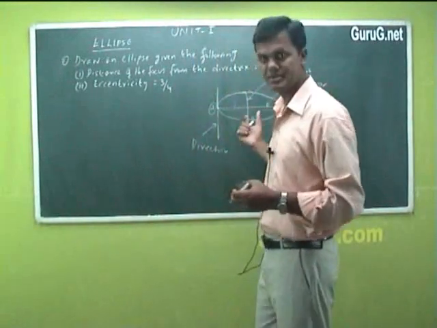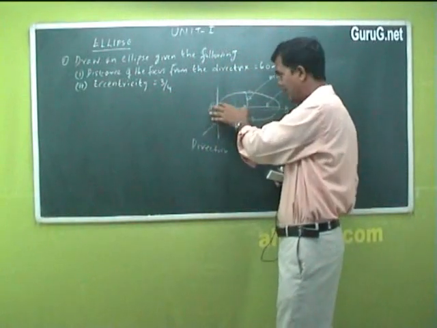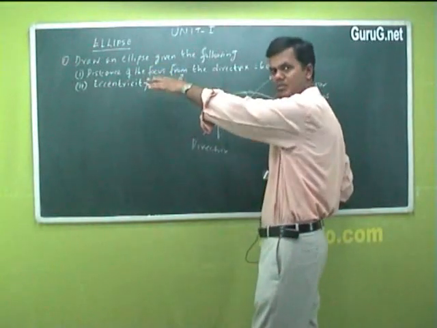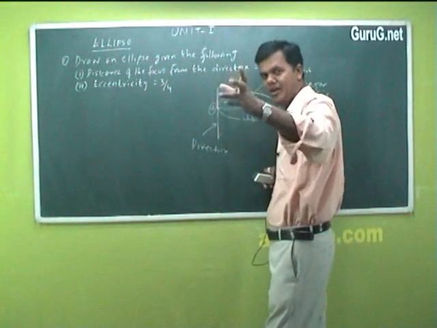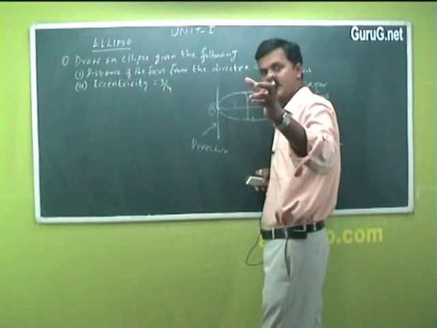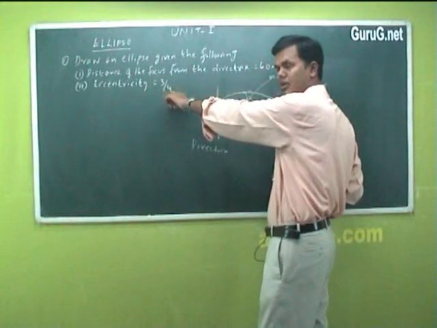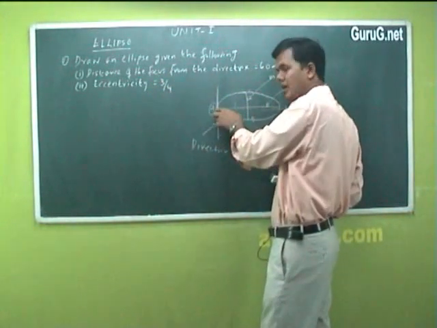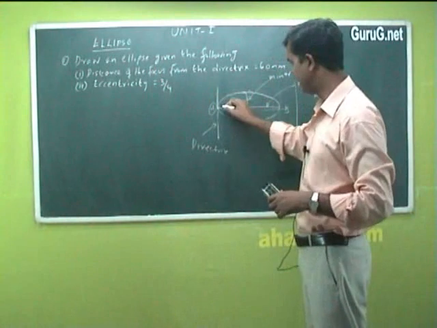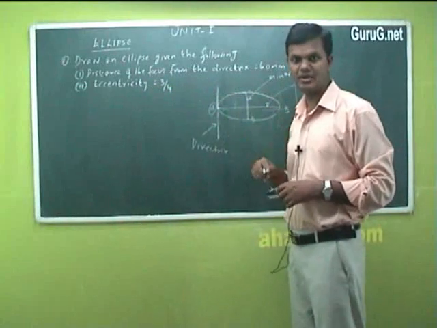It will be 3/4 in the sense that out of this focus length, of a total value of 4, I should measure 3, and the remaining part goes for the other. So from the starting point to the focus I should make a value of 3/4. From there I am pointing out that point, called eccentricity.